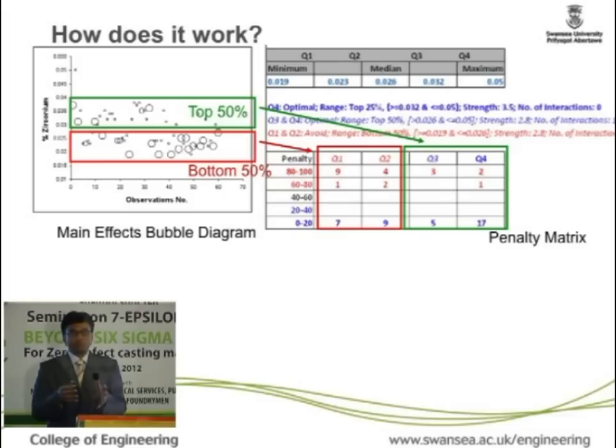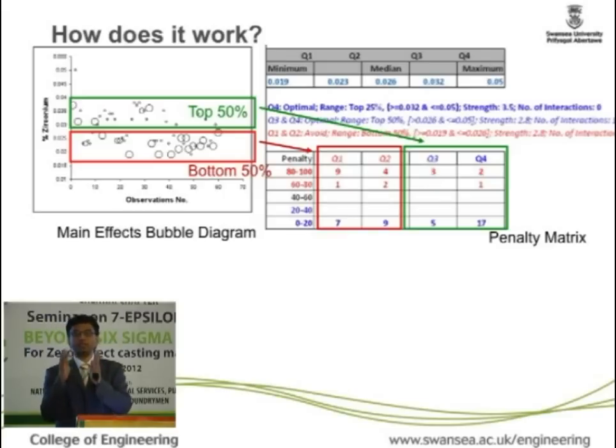Now to make life simple, we need to then make various bins. And the way you make bins is you come up with the minimum value of this zirconium scatter, and then you get the maximum value, and then get a median, not mean, median, halfway through. If it is arranged in ascending order, you take minimum, median, maximum, and then values in between.